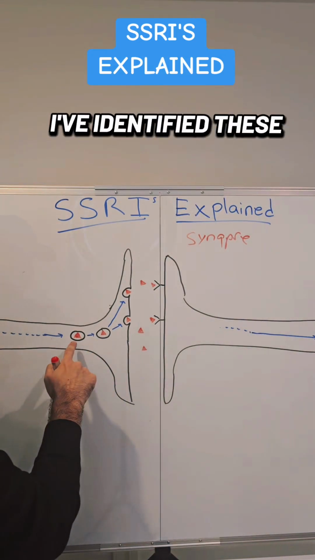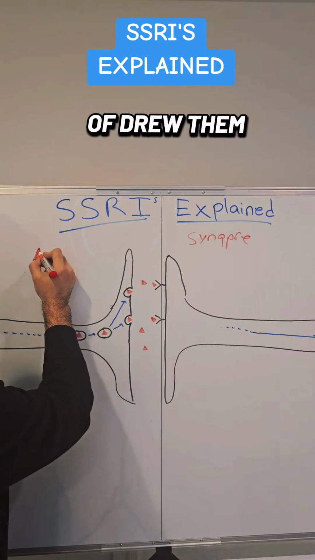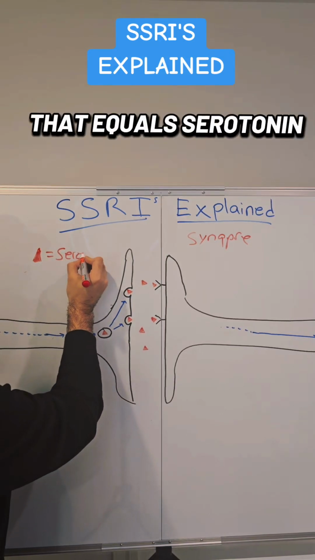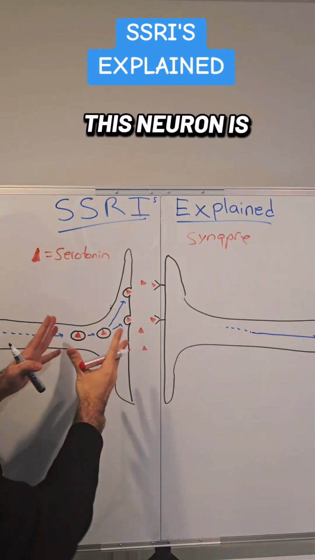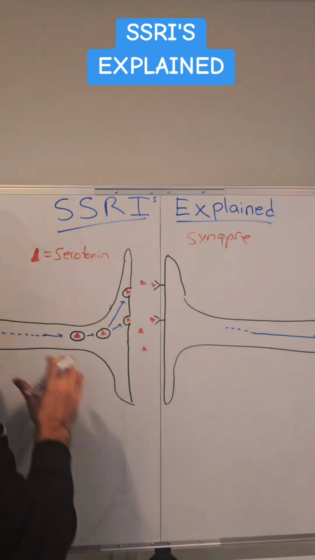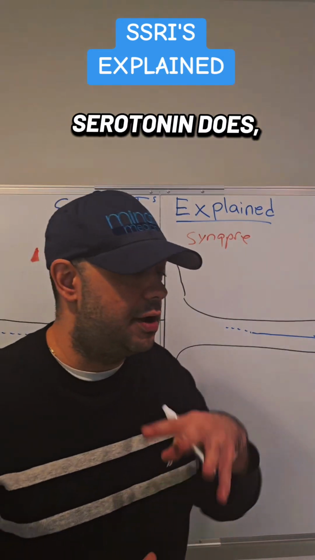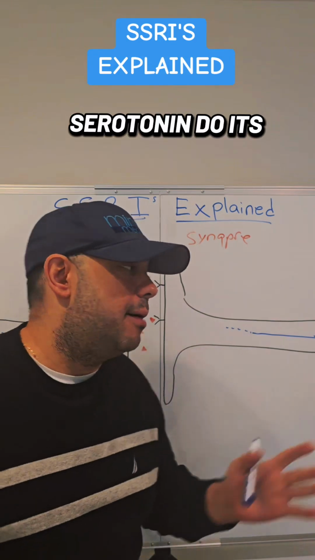Within this synapse, I've identified these little triangles as serotonin. So I kind of drew them like that, and I'm going to write here that this equals serotonin, okay? If this neuron is making serotonin, it will travel to communicate whatever impact serotonin has to this neuron, to make serotonin do its job.